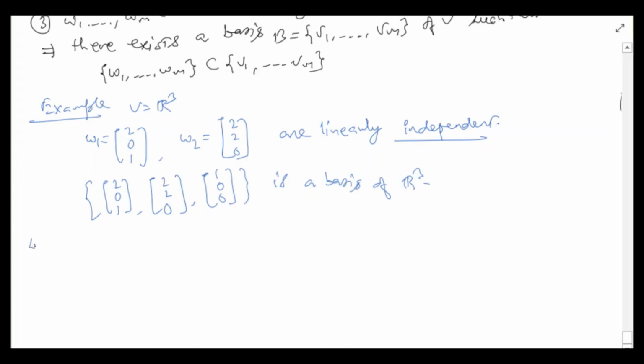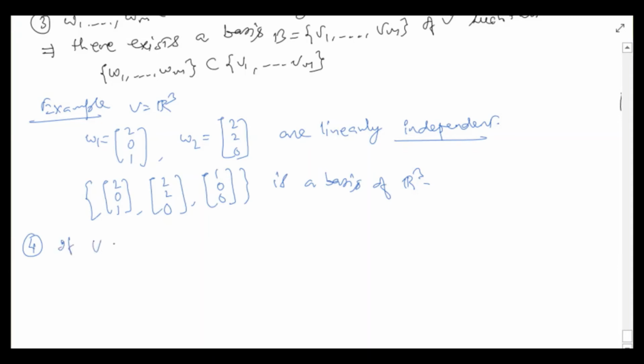Let's look at the fourth property, which says that if V is a vector space and B1, B2 are two of its bases, then the number of vectors in B1 will be the same as the number of vectors in B2.